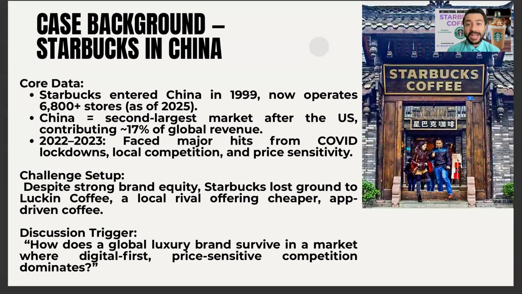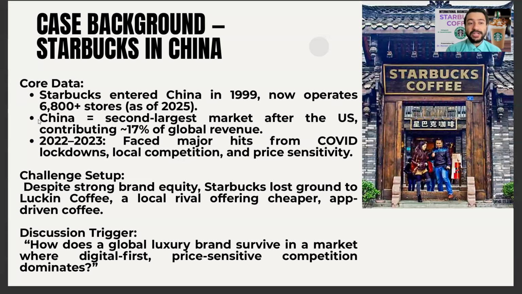As of 2025, it has more than 6,800 stores, making it their second largest market after the US. Can you imagine? The next important point about the case background: around 17% of Starbucks' global revenue comes from China alone. That's really huge, right?